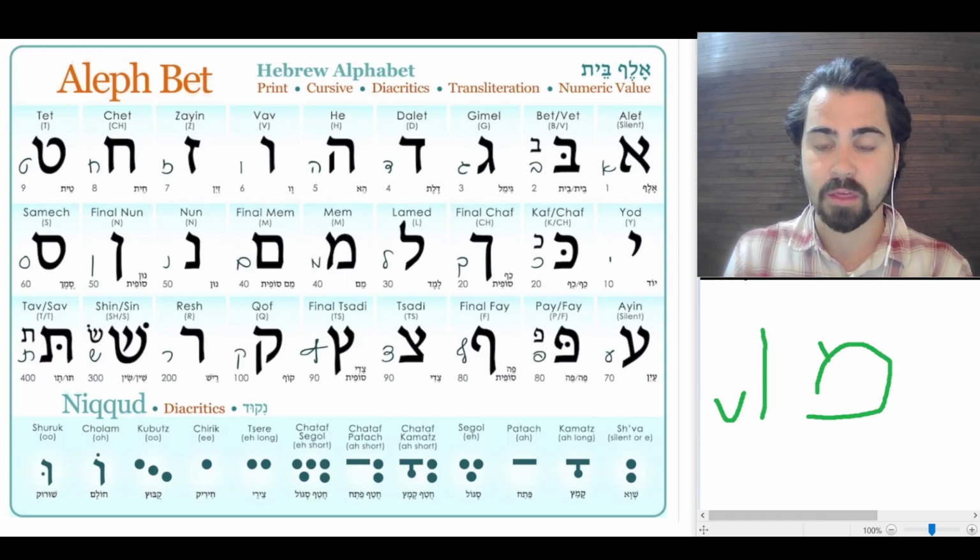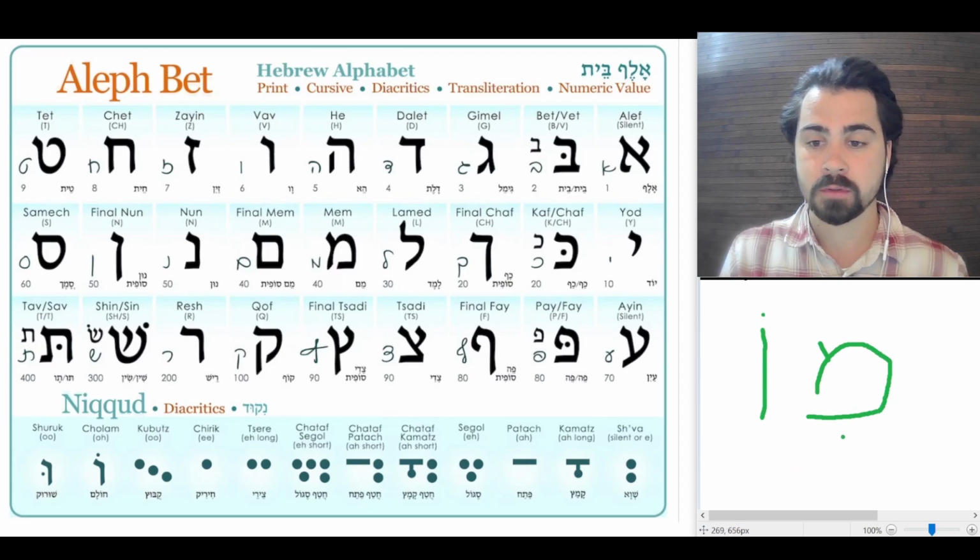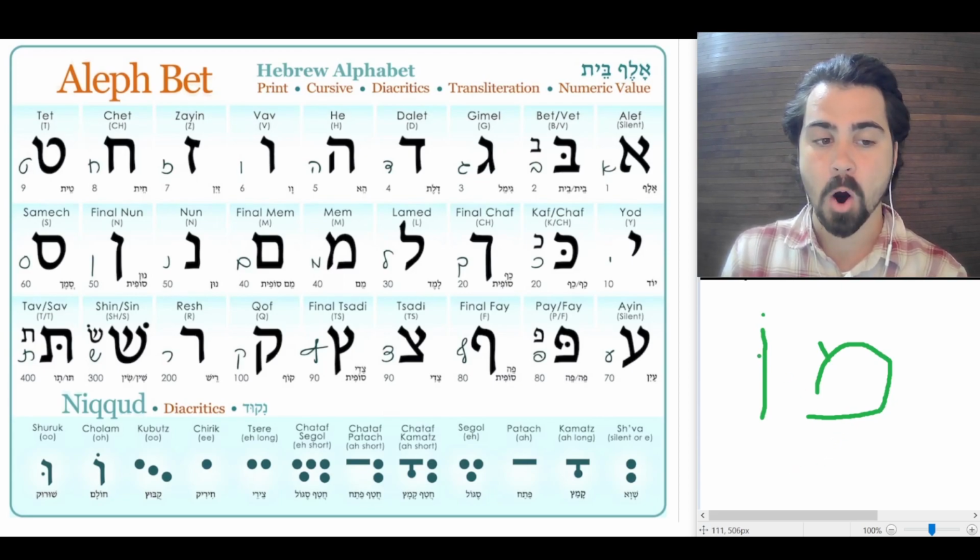And without anything, it's a v. But if we have a dot on the left or a dot on top, it becomes a vowel. A dot on the left, u, like kubutz, and a dot on top, o. So we have mo and mu.